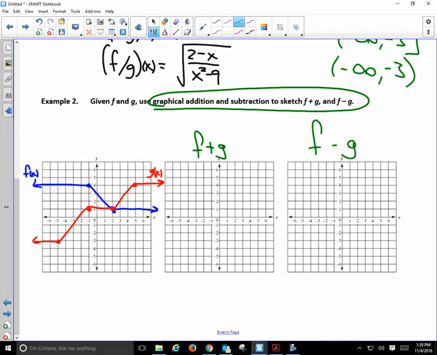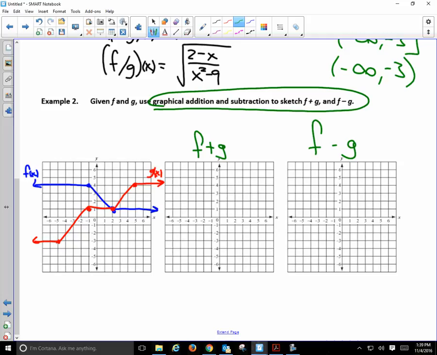Okay, so I want to sketch a new graph. It will just be one graph, not two. And the graph will be this thing plus this thing. So I'm going to plot a point for an x value of -6. To find out what the y value is, I take the output of f and add it to the output of g. What's the output of f?